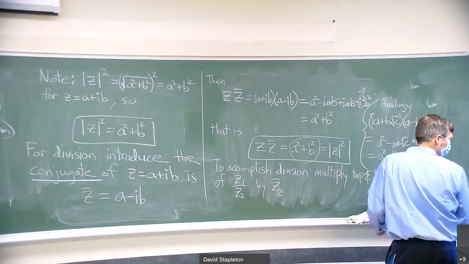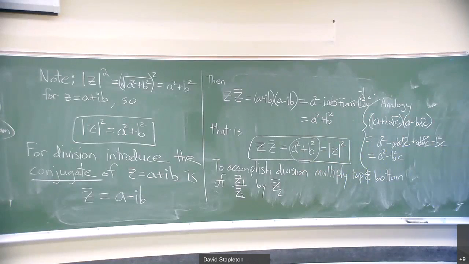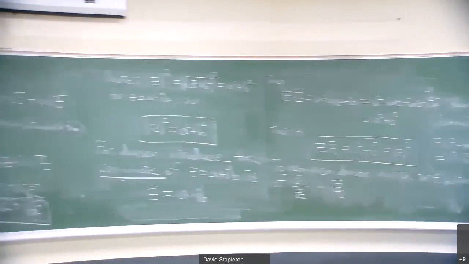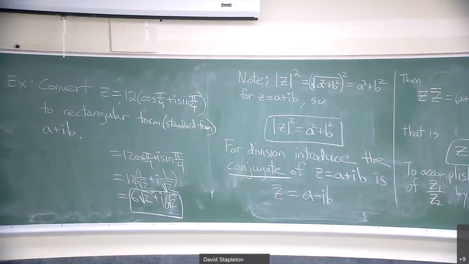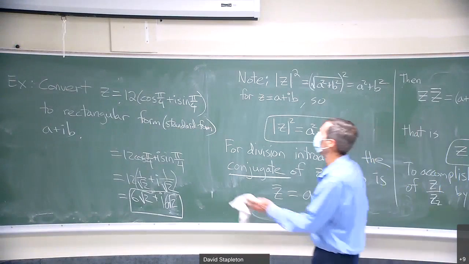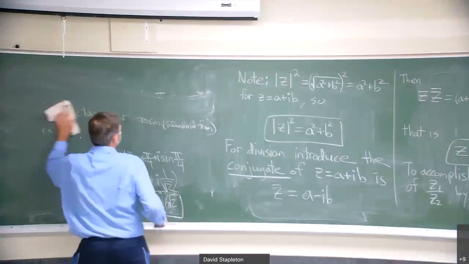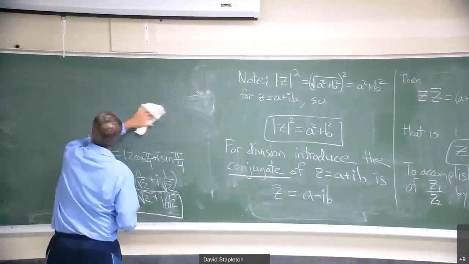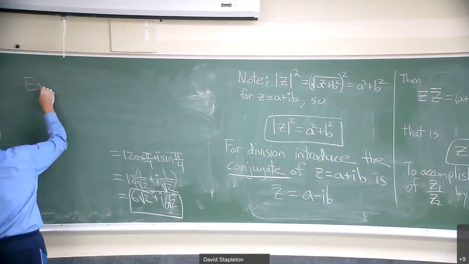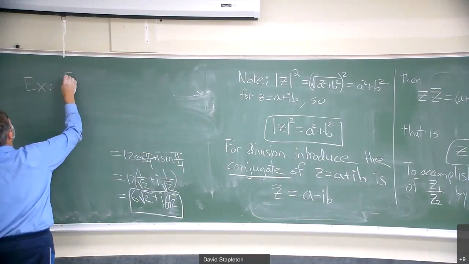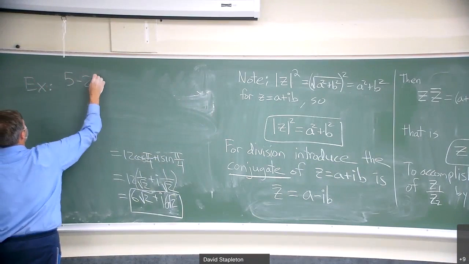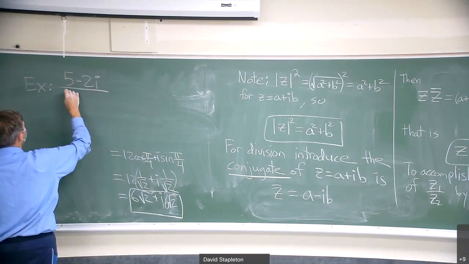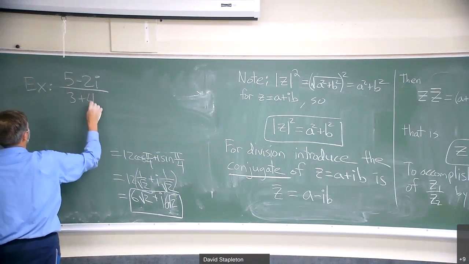Here's how it works. Let me take it back to the other side. Suppose I wanted to take 5 minus 2i and divide it by 3 plus 4i.